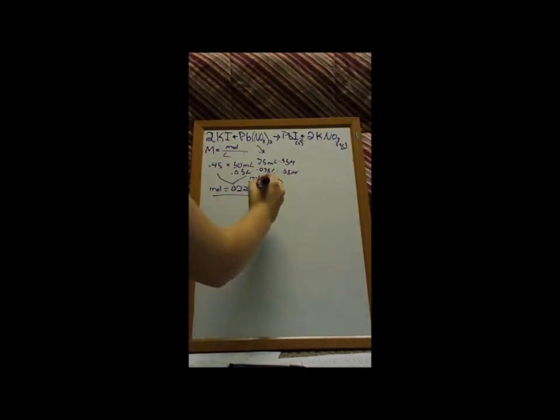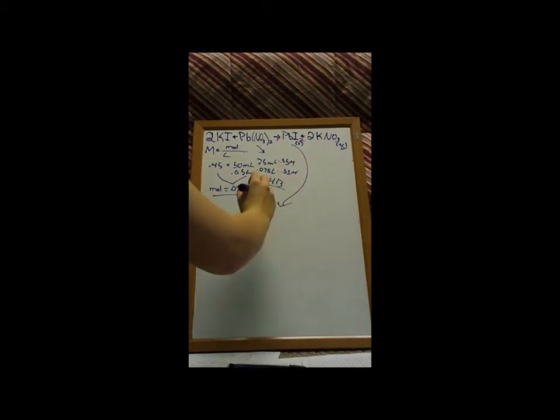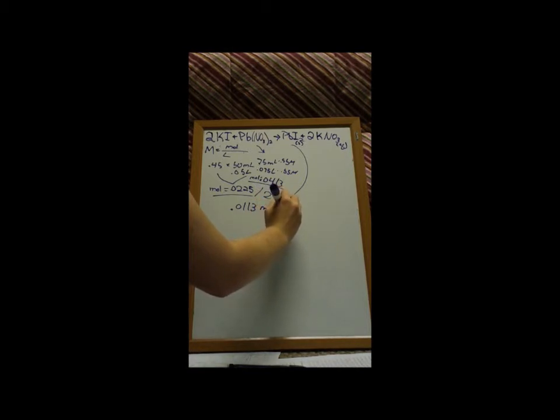We take this number and divide it by 2, and that gives us the moles of our PbI2. When we divide it by 2, we get 0.0113 mole PbI2.